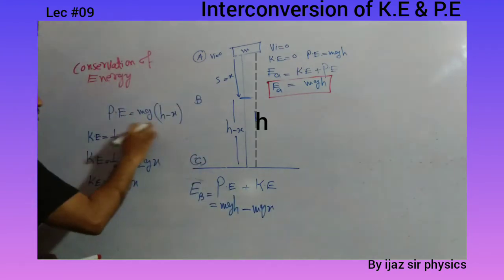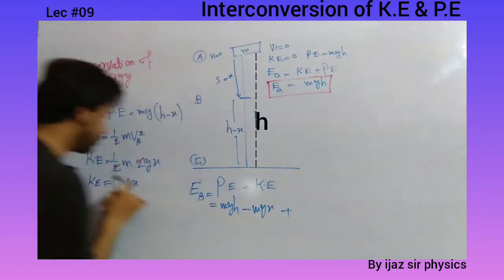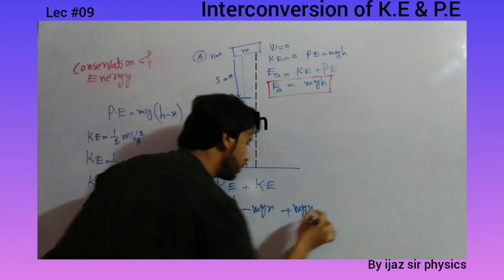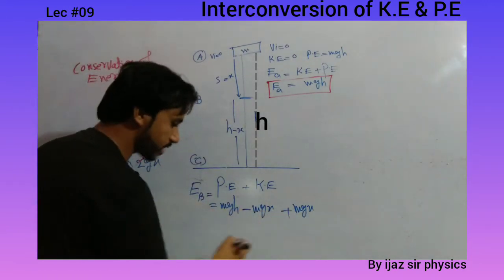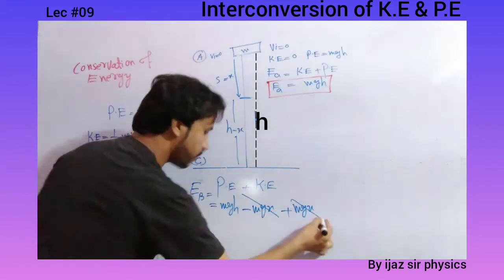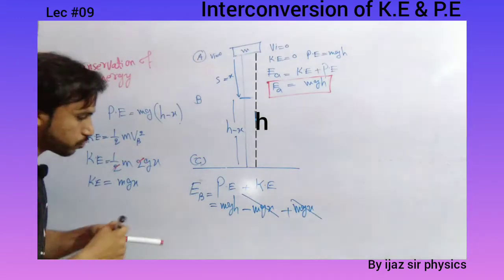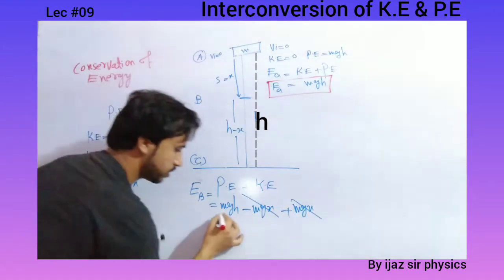I expand this term as mgh minus mgx plus the kinetic energy, which is mgx. So mgx and minus mgx cancel out, and finally we get the total energy at point B is equal to mgh.